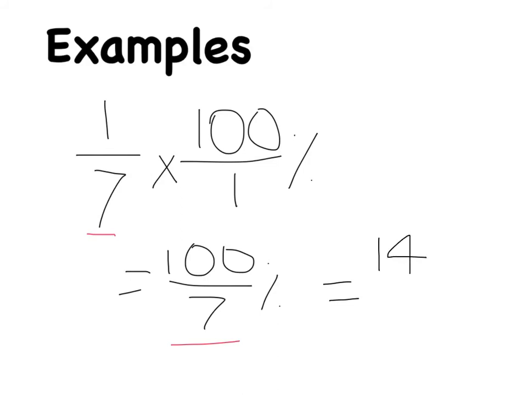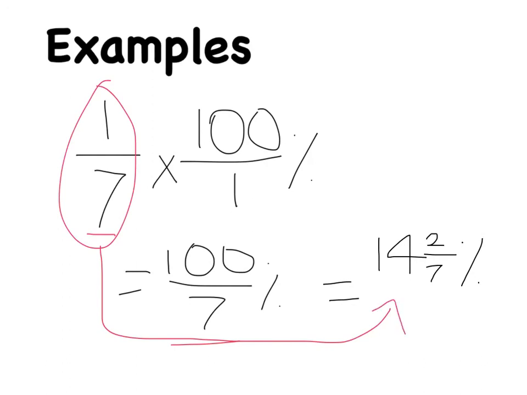So that's 98, which would leave me with a remainder of 2/7%. 14 and 2/7%. Okay, that's converting an improper fraction into a mixed numeral percentage. Converting 1/7 into a percentage leaves me with a mixed numeral as my percent.